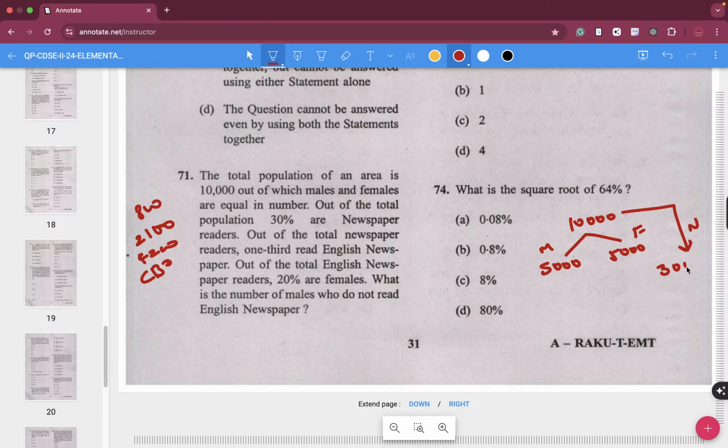So the difference of 10 raised to the power 31 minus 5, difference means minus, 10 raised to the power 30 plus p. Now this particular value is divisible by 3, which means we can write 10 raised to the power 31 minus 5 minus 10 raised to the power 30 minus p.